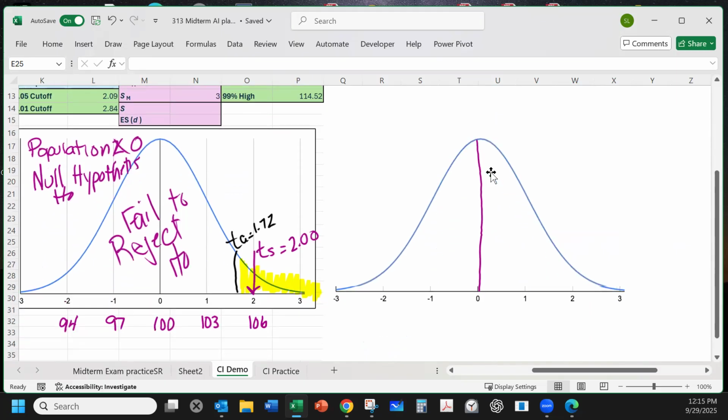And so let's translate this into raw scores. This was 106. I'll write it down here. 106. We still have the same standard deviation. We still have SM equals 3, but now we're drawing a picture of our new population, the population represented by those students who meditated. And so this is now what this distribution looks like.